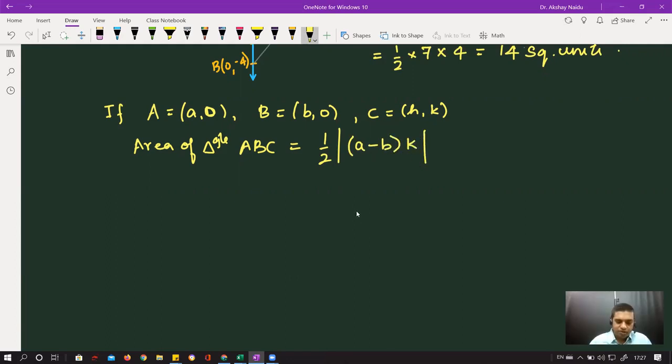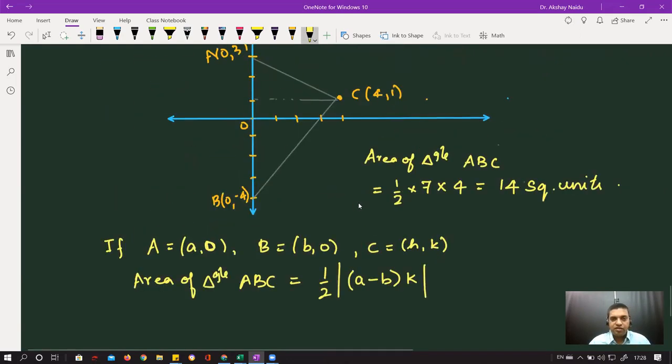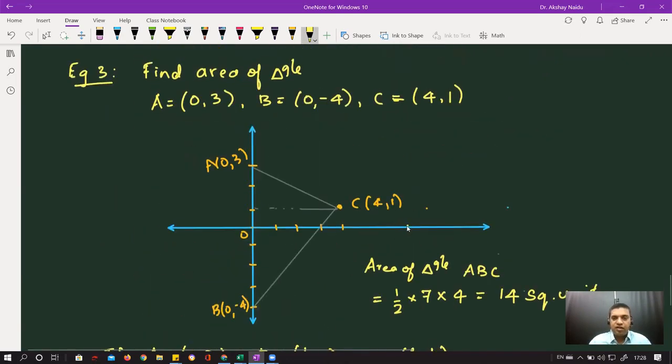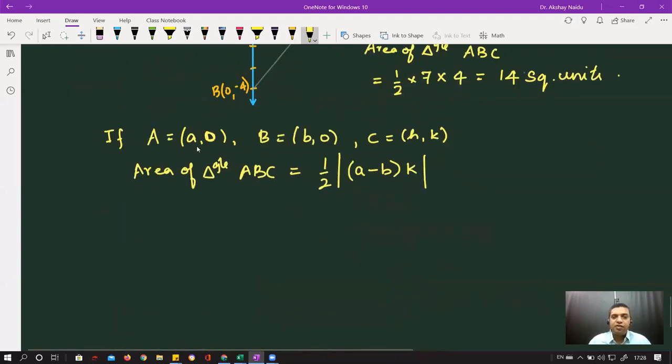All right, because again, go back to this. So A is a point here, B is a point here, C is a point here, h comma k. So in this triangle, base is this distance AB. Distance AB is the difference between the two points, so it is a minus b.